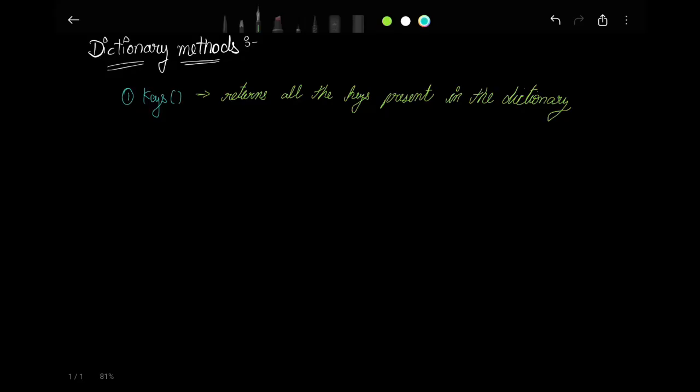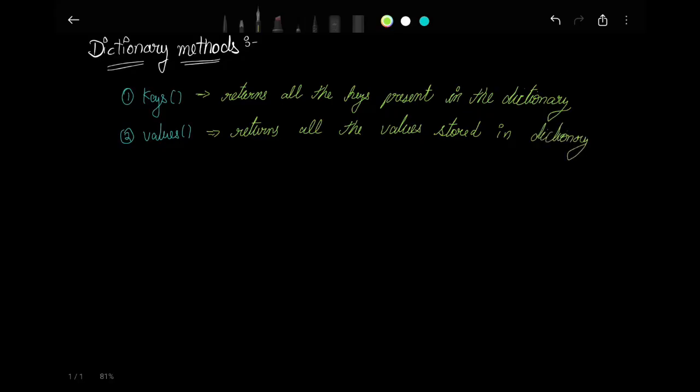The next method which we have is values. The values method returns all the values stored in the dictionary. After values, we have the items method.